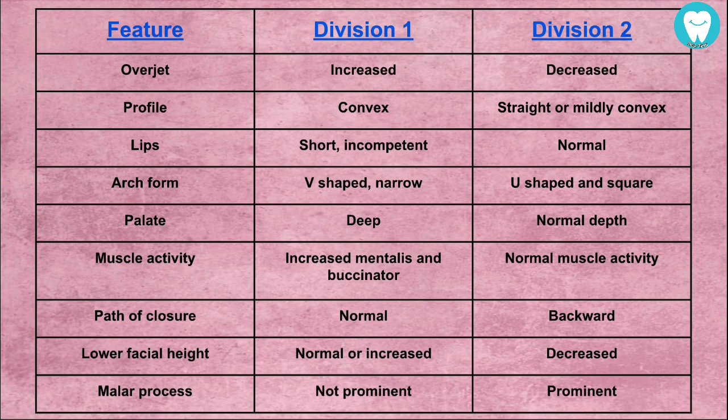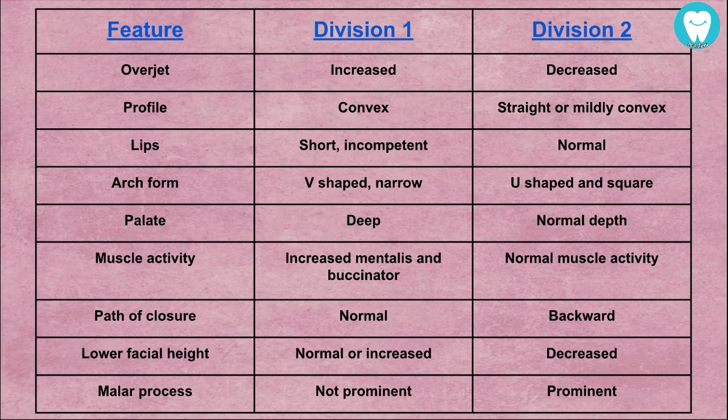Lips in division 1 will be short and incompetent while in division 2 they will be normal. The arch form will be V-shaped or narrow in division 1 while it will be U-shaped and square in division 2. The palate will be deep in division 1 while it will be of normal depth in division 2. Muscle activity: there will be increased mentalis and buccinator activity in division 1 while there will be normal muscle activity in division 2.